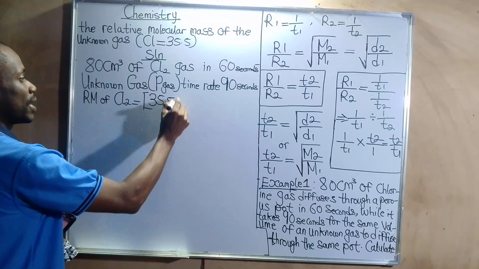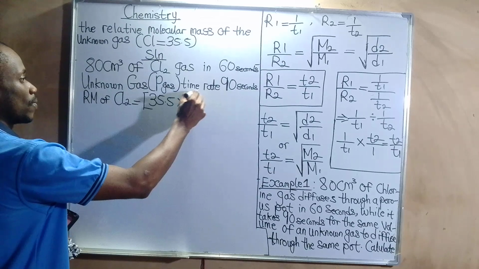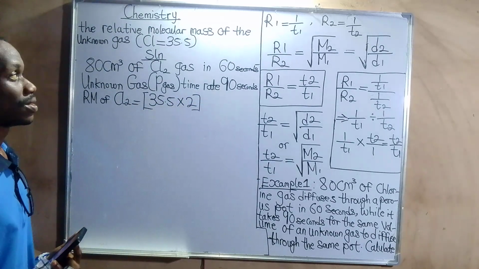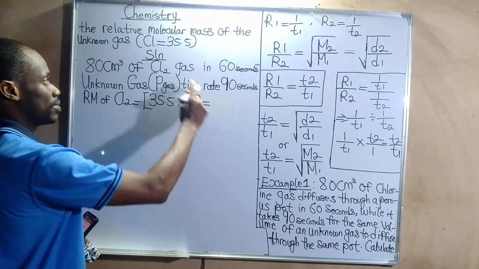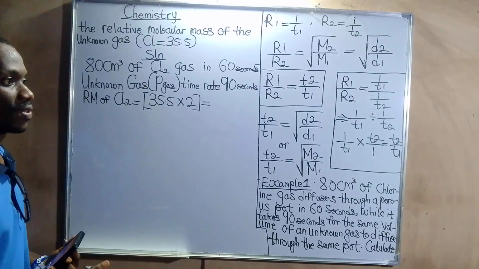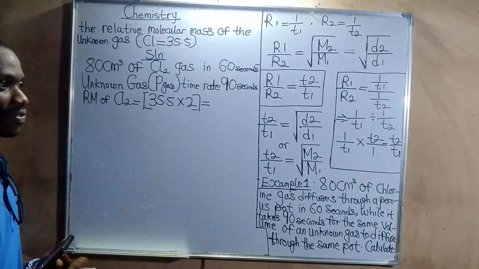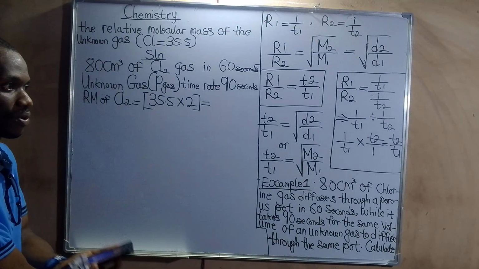We'll now multiply it times 2. Why? Because chlorine is a diatomic element. 35.5 times 2, and I think it should give you 70 point something.